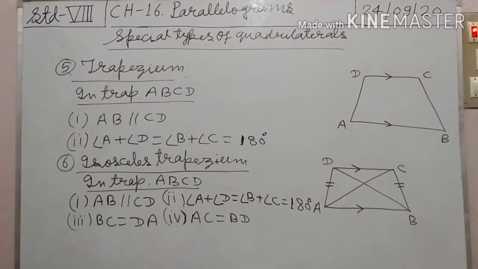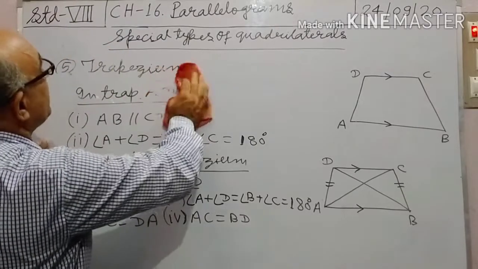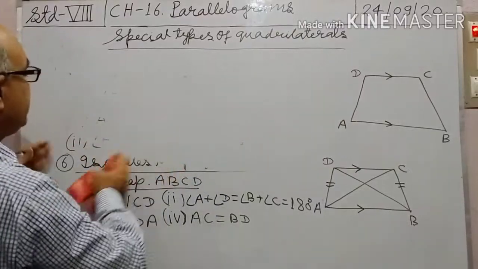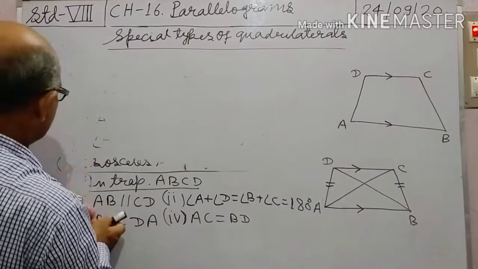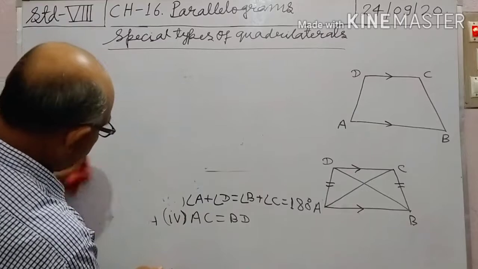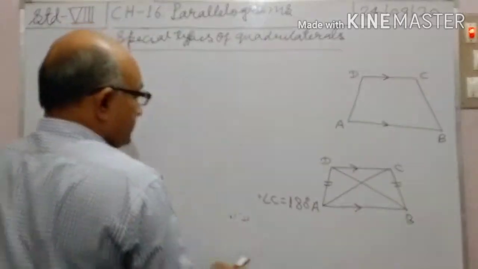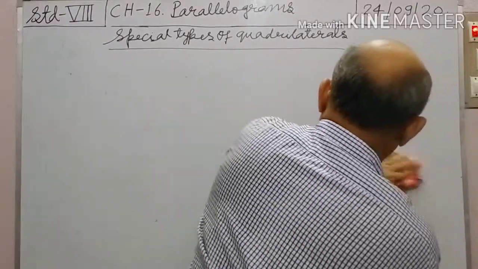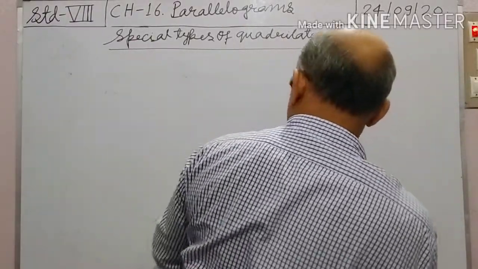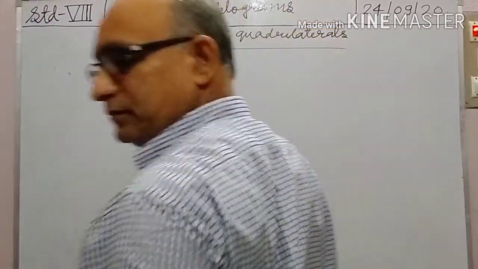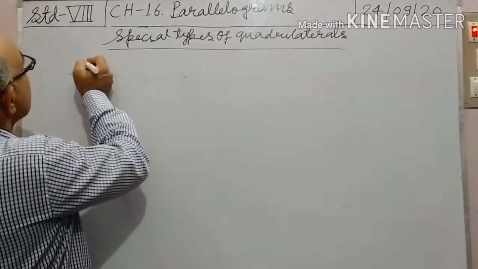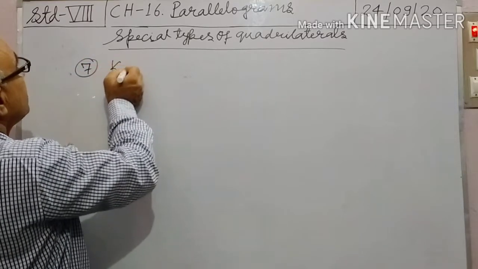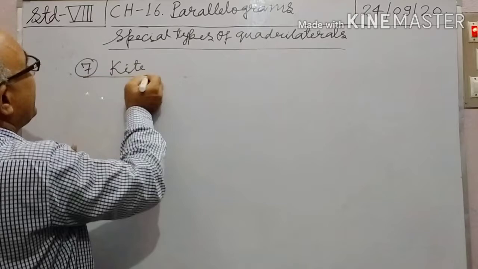And the last special type of quadrilateral is the kite. Seven, kite.